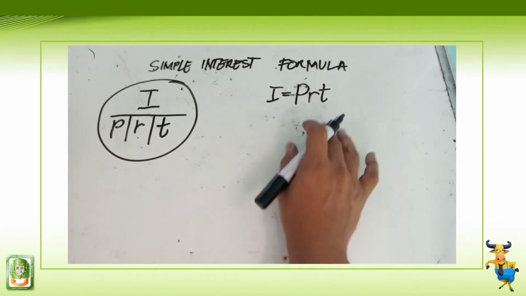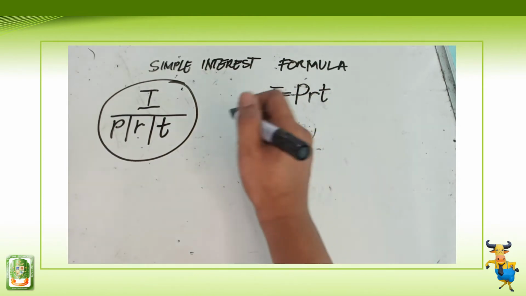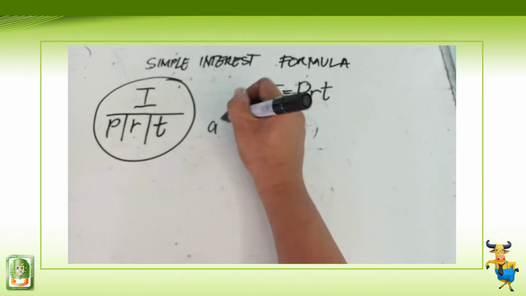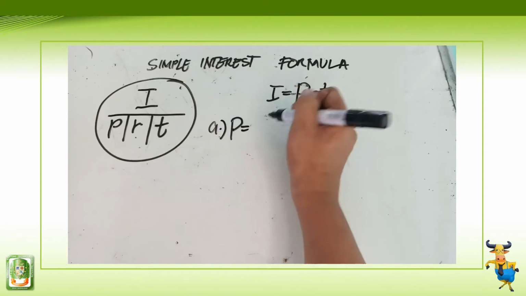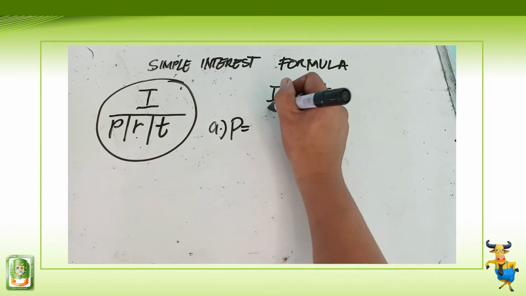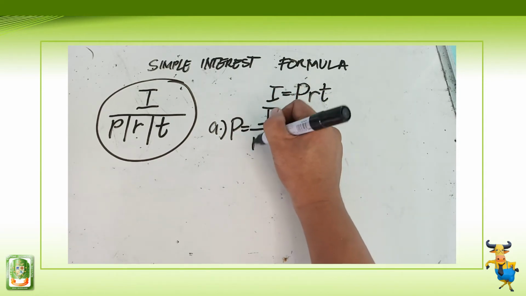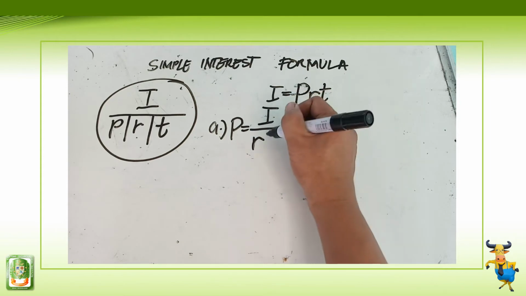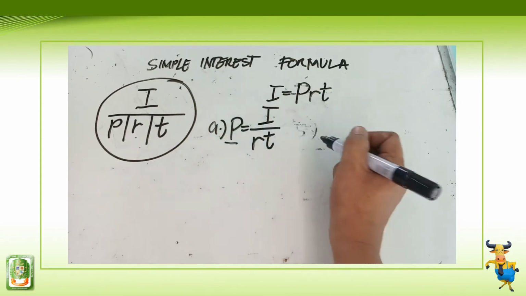Pwede natin i-rearrange pa yan, depende kung ano hinahanap natin. Paano naman kung ang principal ang ating hinahanap? Kung principal ang hinahanap natin, so yung interest natin, i-divide lang natin sa rate of the interest times sa time.